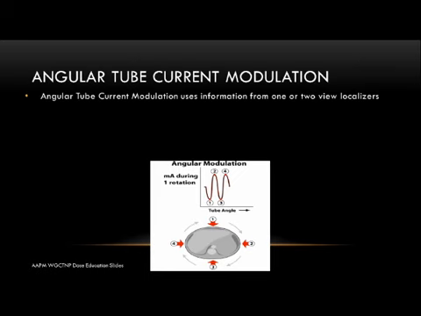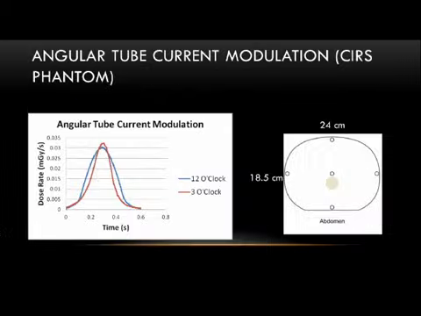The attenuation probably wouldn't be this extreme because this is a fairly circular object, but the attenuation in the AP direction is less than that in the lateral direction. So the tube current is reduced to try and match the number of photons hitting the detector.